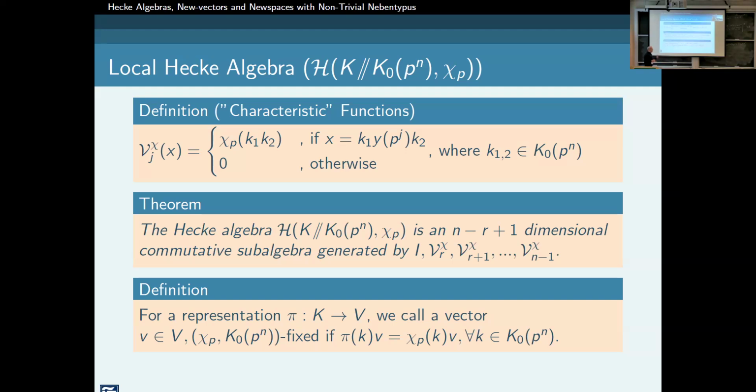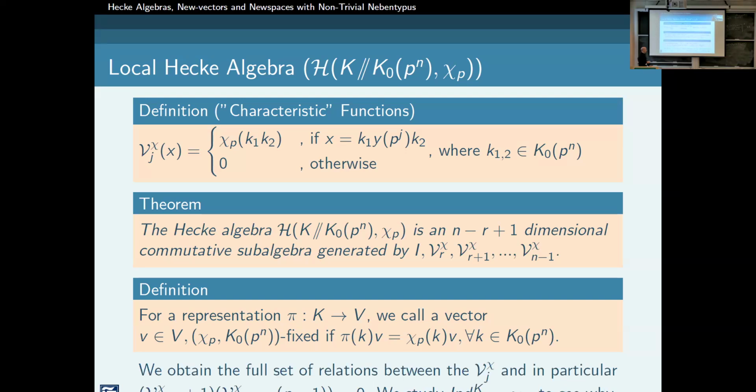So I want to use this to study induced representations of the maximal compact of GL2 Zp that contain chi-p fixed vectors. And chi-p fixed vectors is basically a generalization of just a fixed vector. If you have a representation from K to V, a vector is called chi-p fixed if the representation acts like a character on this vector.